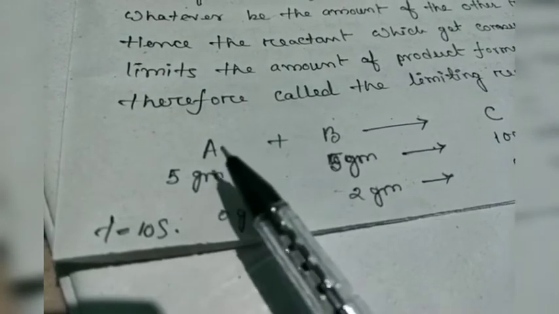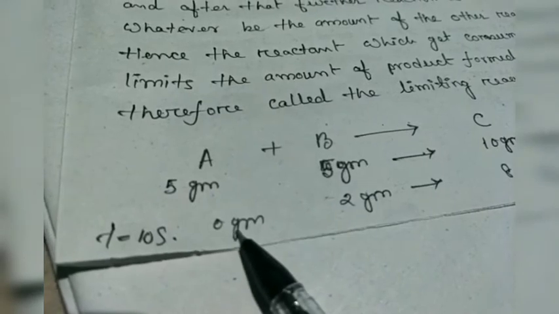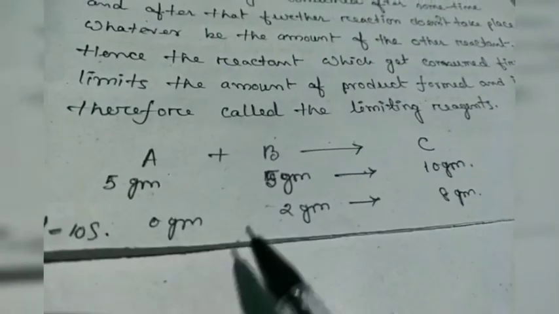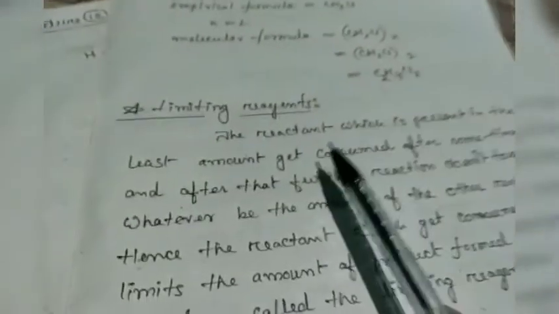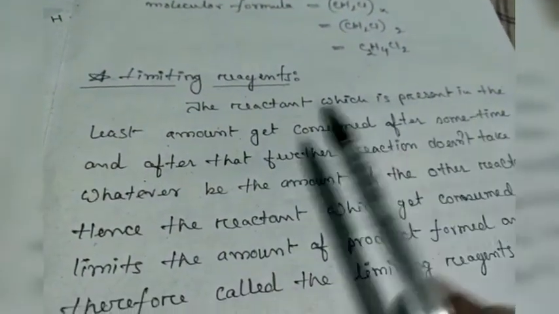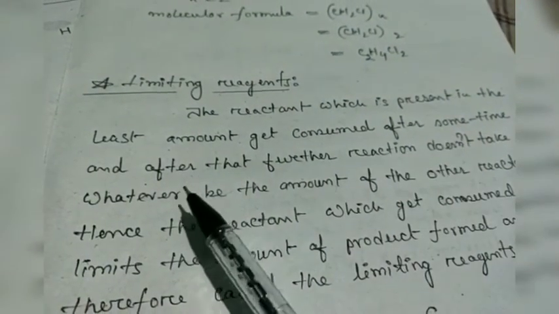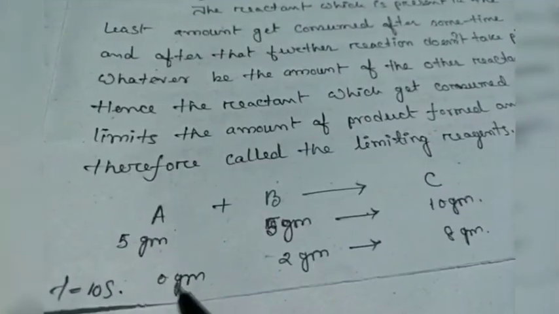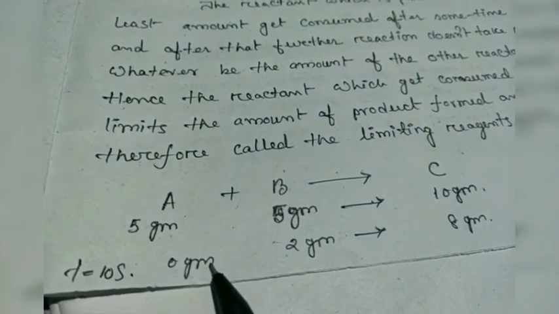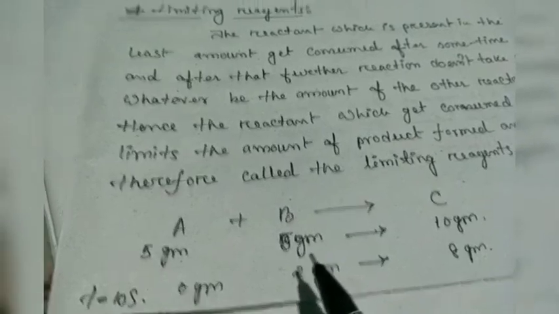So this reactant A is called the limiting reagent of the reaction. A reactant which is present in the least amount gets consumed after some time, and after that, further reaction does not take place. When the amount of A becomes 0 gram, thereafter the reaction does not take place.